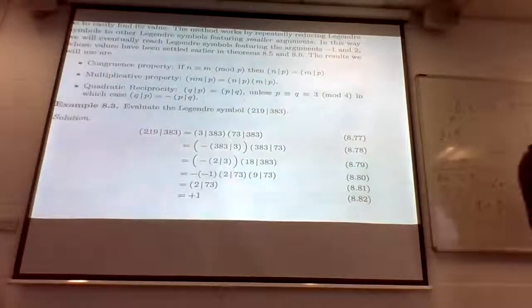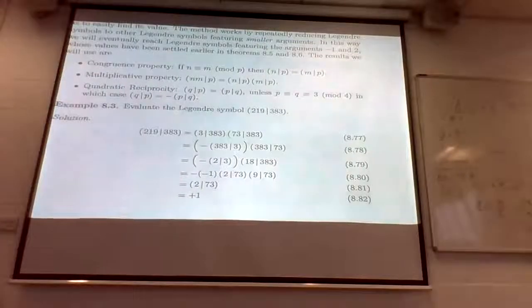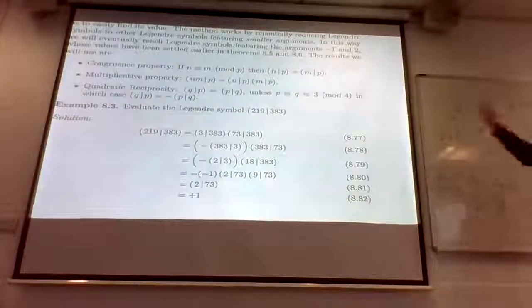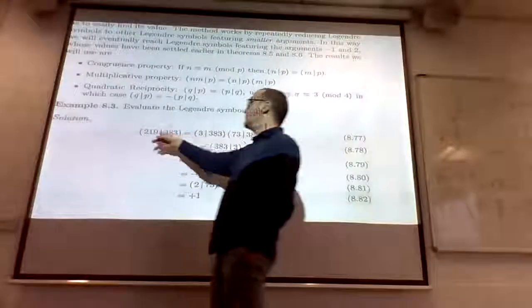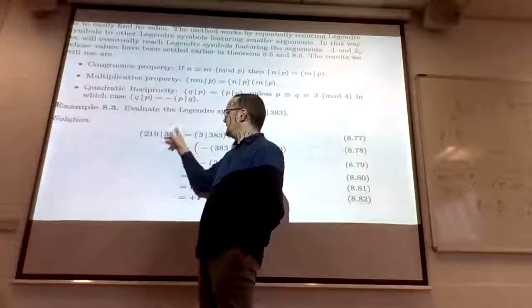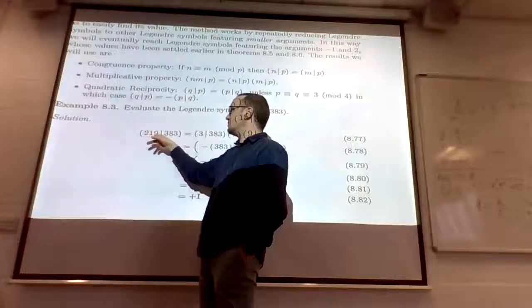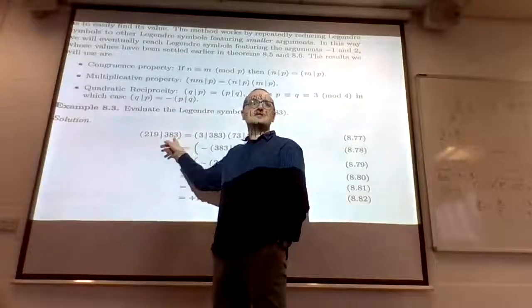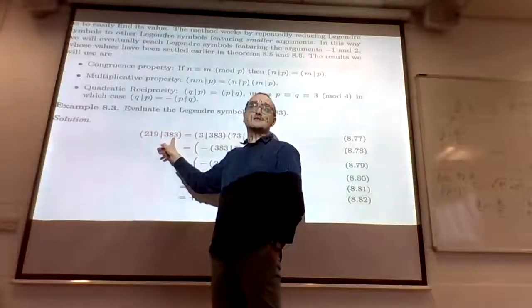The partial calculation I did earlier in the notes, remember I said the general problem of calculating n mod p reduces to being able to calculate one prime modulo another. So here's an example of calculating one prime modulo another. The aim here is to discover whether 219 is a quadratic residue modulo 383 or not.